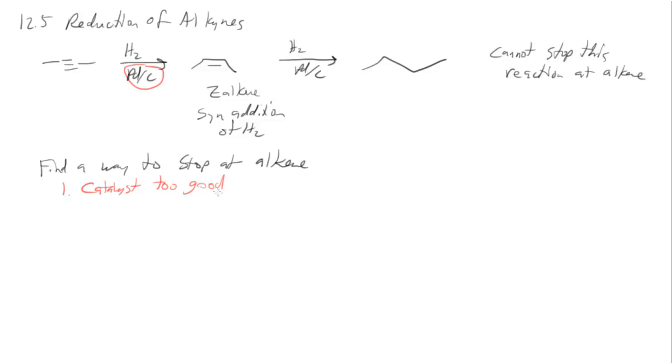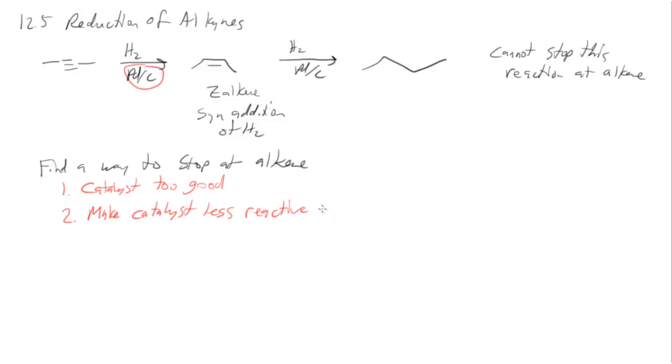Since the catalyst is too good, it catalyzes the alkyne reaction and the alkene reaction, and we can't get it to stop. So our next step is to find out if there's a way we can make the catalyst less reactive.